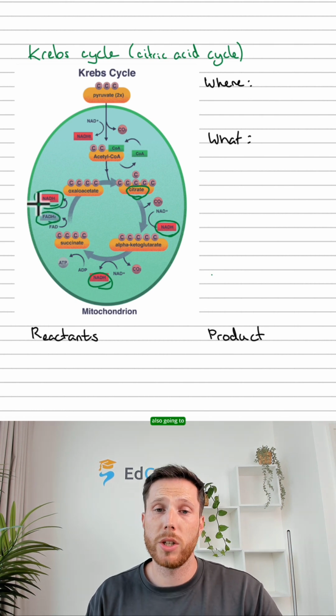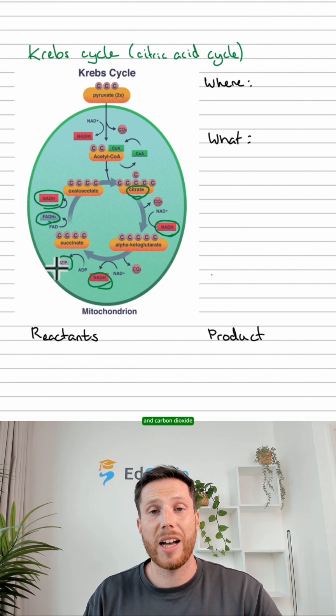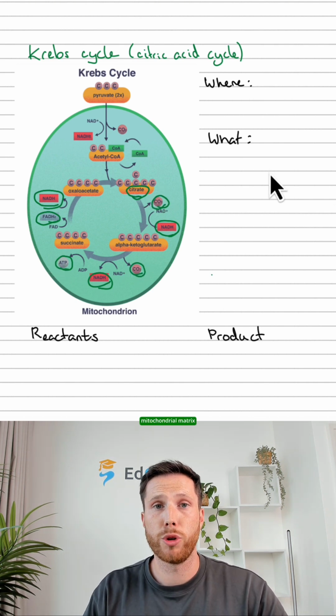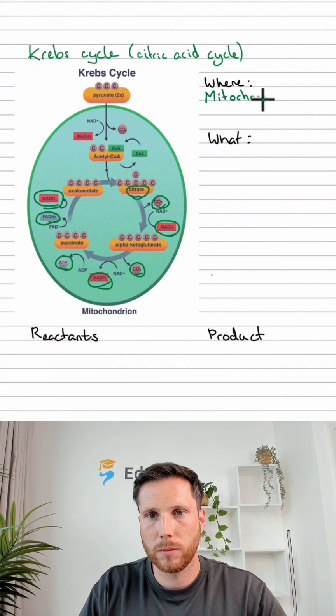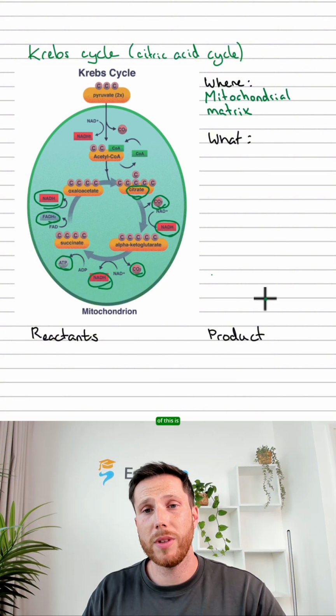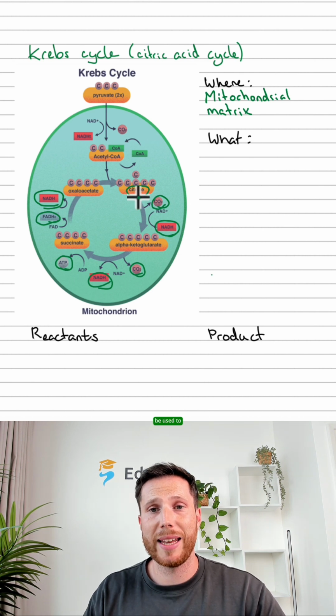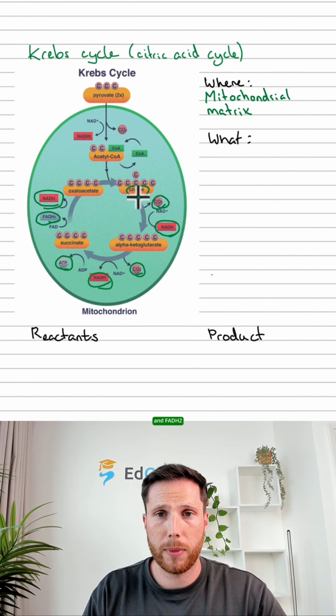A small amount of energy is also going to be released in the form of either ATP or GTP, which is a very similar molecule. And carbon dioxide is going to be released as a waste product. This again happens in the mitochondrial matrix. And the purpose of this is to convert acetyl-CoA into citrate, which can then be used to generate NADH and FADH2.